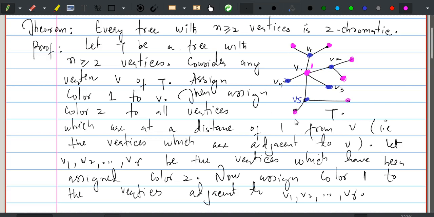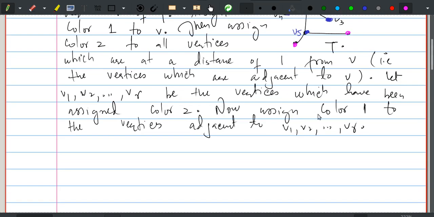So in this case we have just finished the coloring. We continue this process till every vertex in T has been assigned a color.